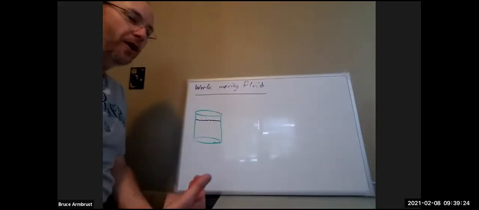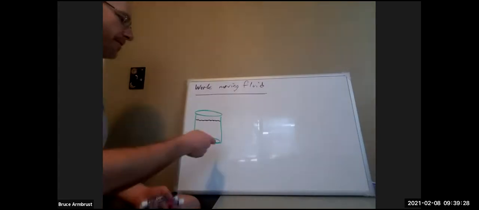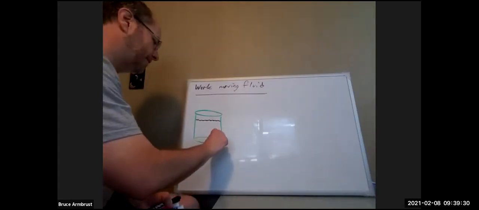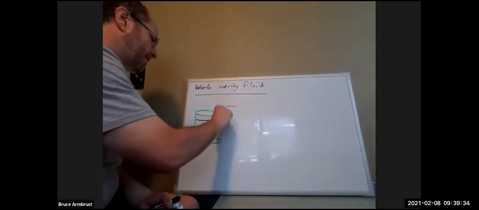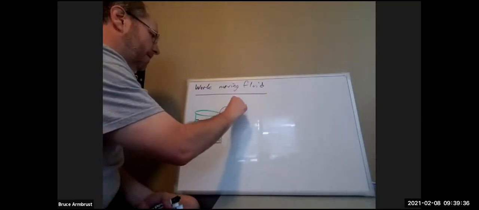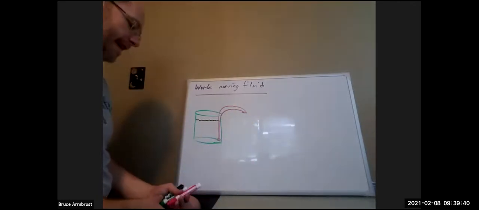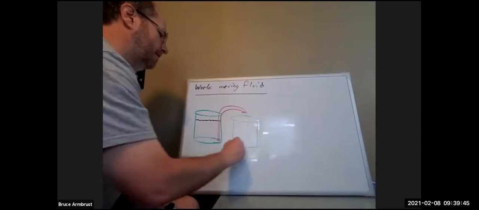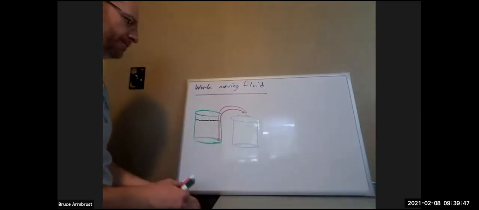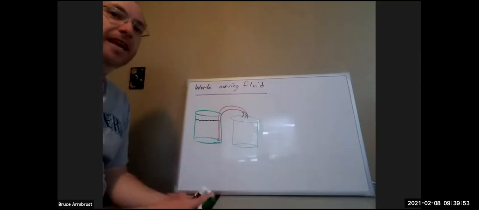We're going to remove all of this fluid out of the tank by way of a hose. So maybe we're going to like siphon it out. So we're moving it to another tank, let's say. All right, so we're siphoning this tank out.